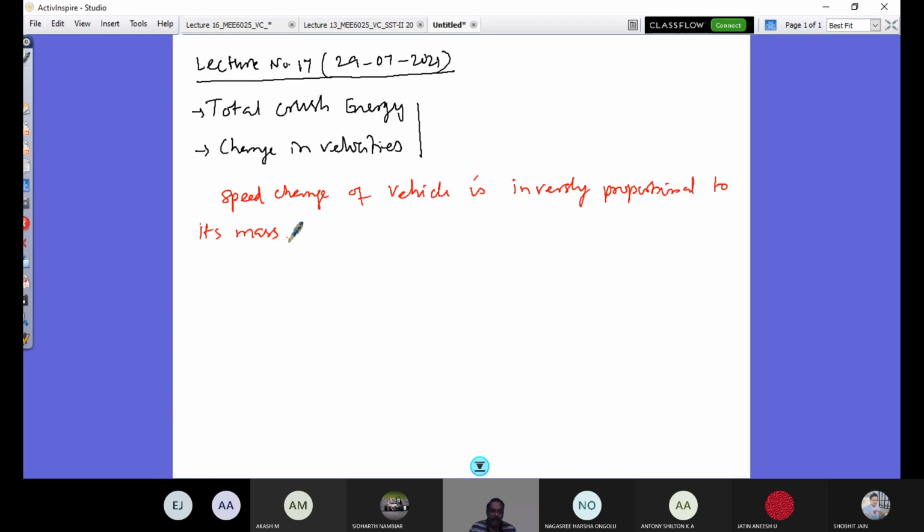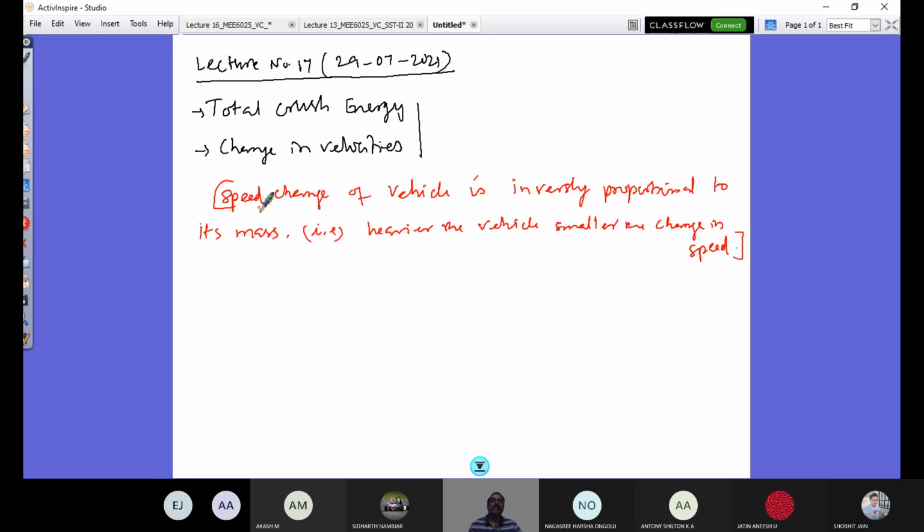So what does that mean? Heavier the vehicle, smaller the change in speed. So that is an important statement coming out of this collision event to be proved now.